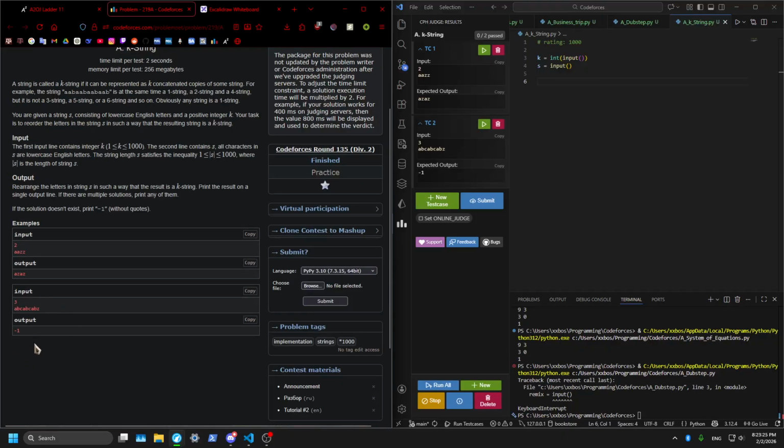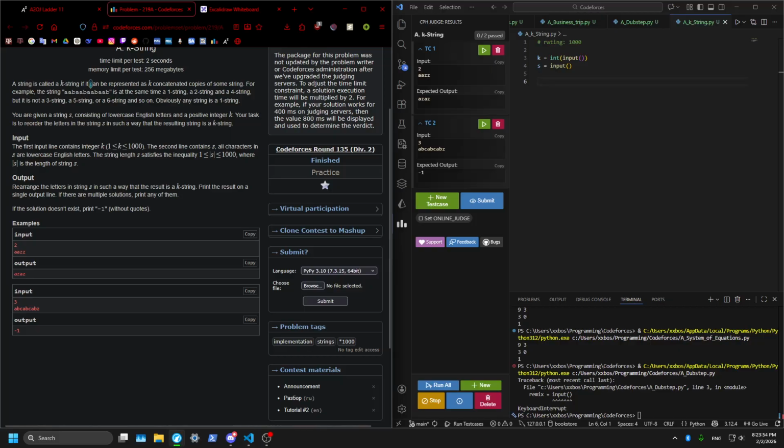Okay. I always like it when they have a note explaining, because I don't get the question half the time. It's so verbose, but we'll just have to deal with it. So, a string is called a k-string if it can be represented as k concatenated copies of some string. Is at the same time a 1 string, 2 string, and a 4 string.